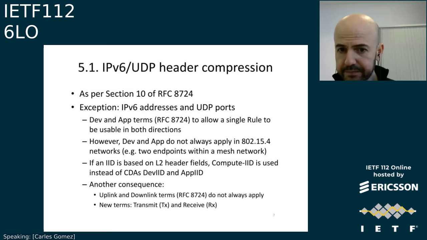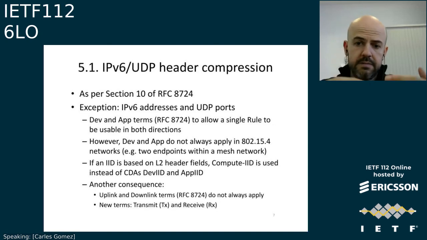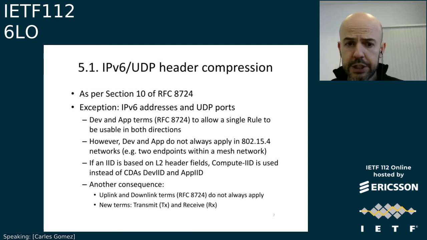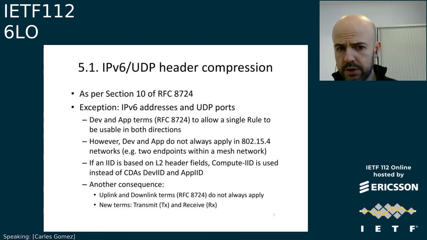However, the problem here is that in 15.4 networks, these two concepts do not always apply. For example, when the two endpoints that are communicating are in a mesh network and are of the same category. So for this reason, we state in 01 that if an IID is based on layer 2 header fields, then we don't use the compression decompression actions called dev IID and app IID.